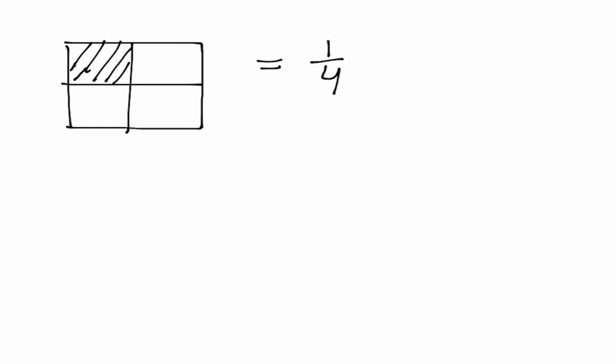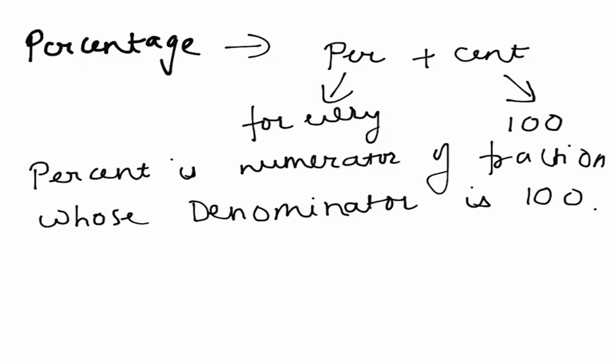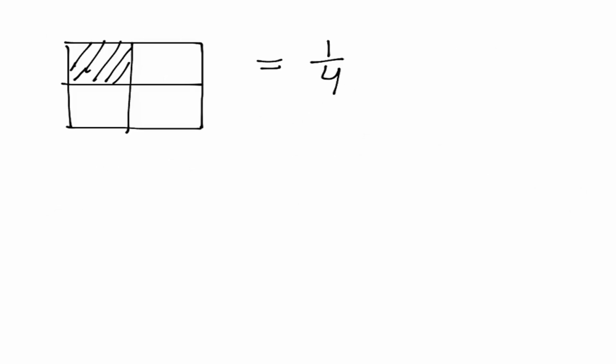So if I ask this in terms of percentage, how many percent of this square is shaded, what we will do, as we learned, percentage is the numerator of a fraction whose denominator is 100. So we have to make its denominator 100. So we will multiply numerator and denominator by 100.